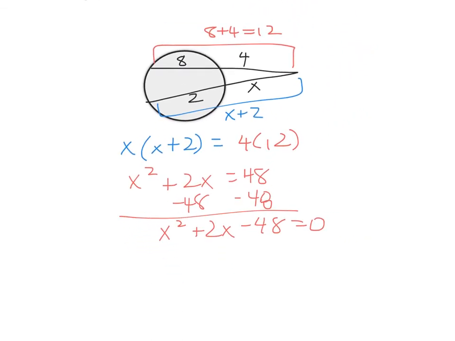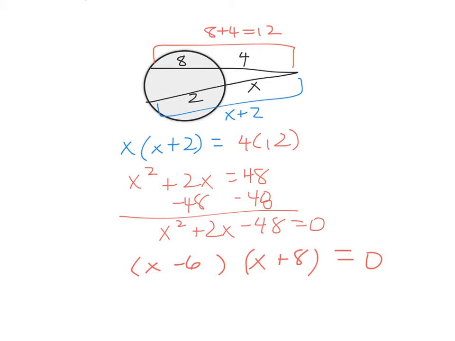I need now to find two numbers that will multiply and give me negative 48, but the same two numbers, when I add them, I get positive 2. So what are two numbers that'll multiply to give me 48, that'll give me a 2? 8 and 6. Okay, and notice I'm going to have a negative on 1 because I need to be able to subtract, and I need a negative 48.